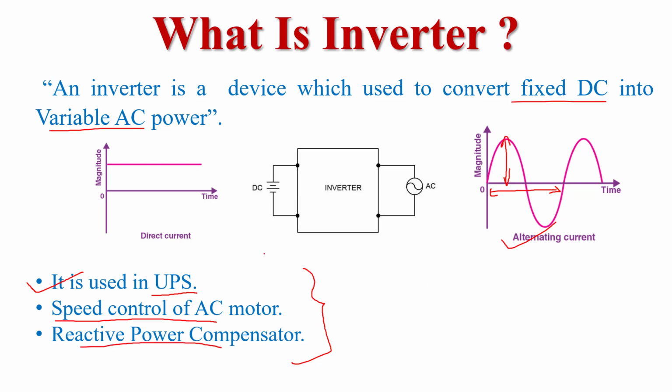These are the commercial application of inverter. But we know that there are some other application of inverter. Inverter are basically used in domestic applications, such as if the power cut off in our home or power failure will occur, to operate all the AC operated equipment, we use inverters. So these are the basic applications of inverter.